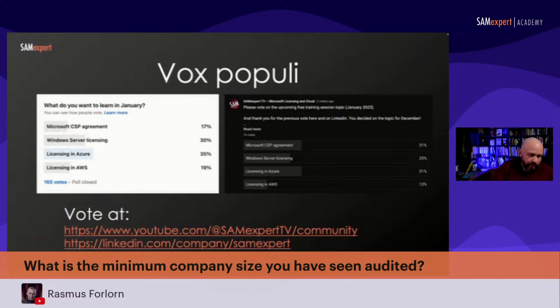But if you think you're non-compliant, be aware that if they find that non-compliance, you will have to pay for the licenses. Minimum company size, in my mind, 1,000 computers.